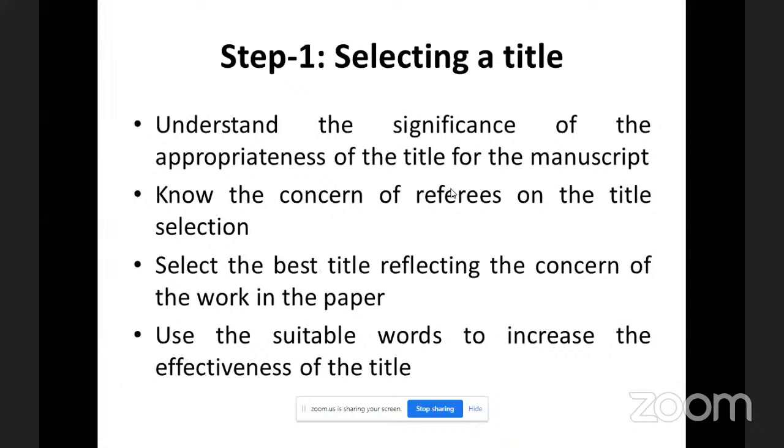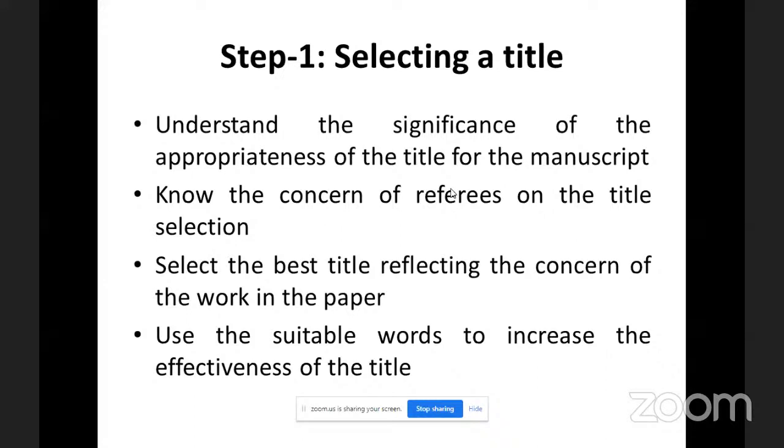Now how do you select that? What is the basis for selecting a title? The first thing is the significance of a particular title. Just write 4, 5, 6 titles which are related to your work, read them again and again, relate them with your work, and find out which title is most appropriate for the work which you performed.